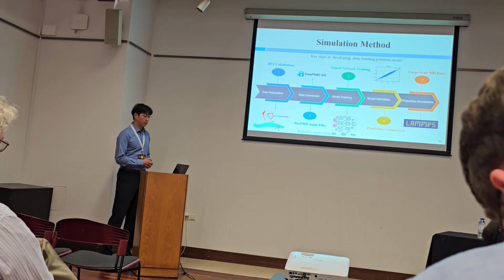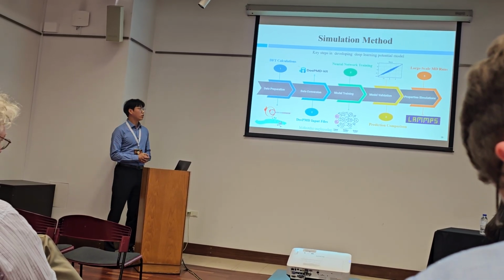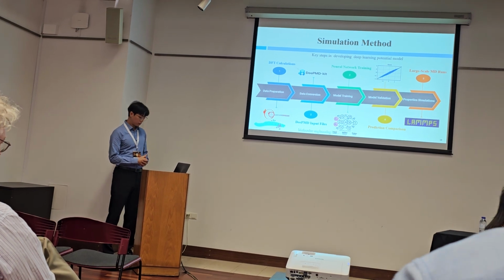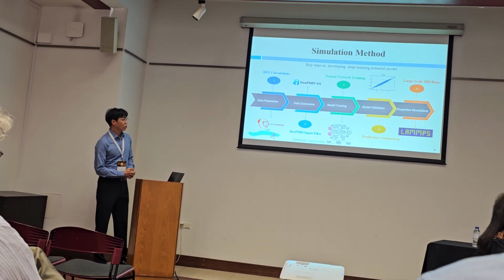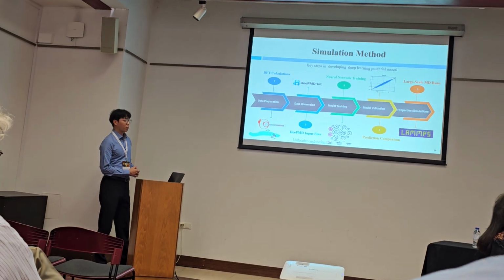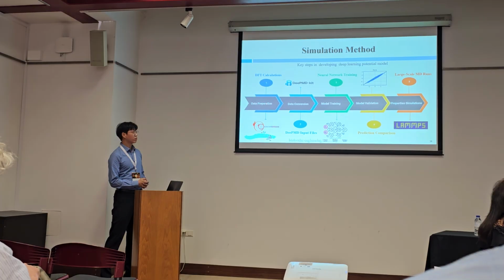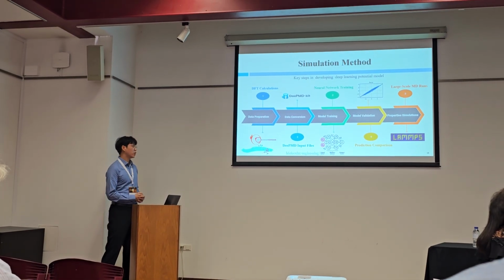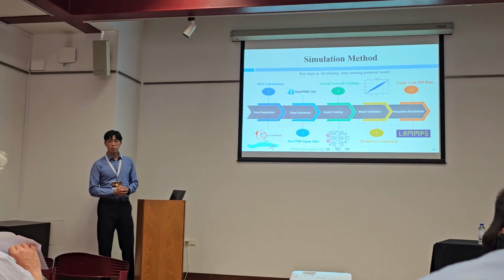Third is model training. We use DeePMD to train the model with a neural network. Fourth is model validation. We test our model by comparing predictions with DFT calculations. Finally, we use it to run production simulations to study material behaviors.